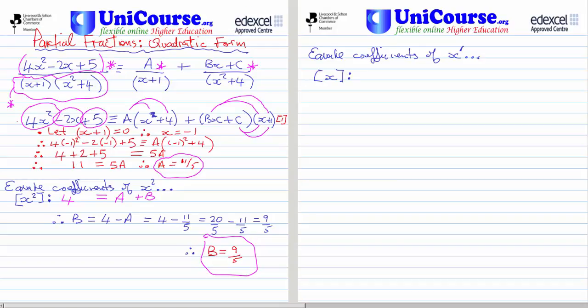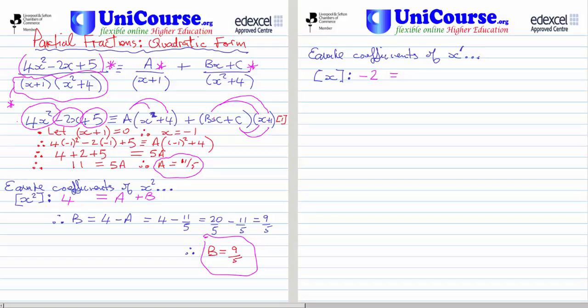So coefficients of x. Let's see if we can grab those. Again, look at this expression 1 over here. First term drops away. I've got a minus 2 lots of x. Nothing between a and x squared and a and 4, so that drops away. This bx times x is x squared, so that's nothing to do with x.